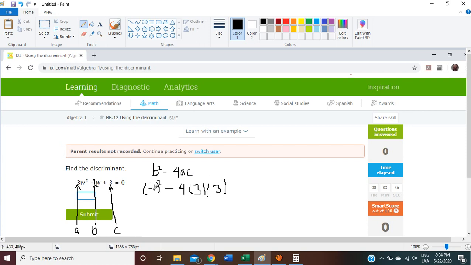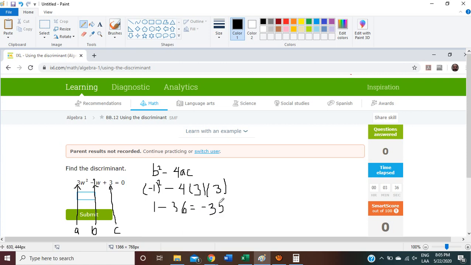So negative 1 times negative 1 equals 1. Minus or plus? Sometimes it is minus, sometimes plus, so we need to decide. Negative times positive times positive equals negative. 4 times 3 equals 12, times 3 equals 36. So the answer for this is negative 35.